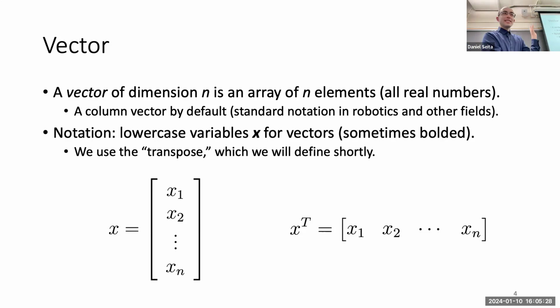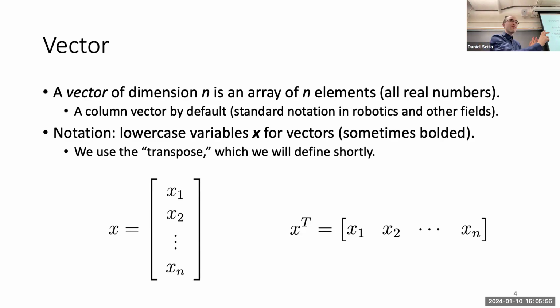This is standard notation, not only for this class, but also for most other classes. Sometimes you'll have to deal with notation that's a little bit different. Sometimes people bold x, sometimes it's not in italics like that. Hopefully the meaning should be clear from context. This is also partially what we call mathematical maturity.